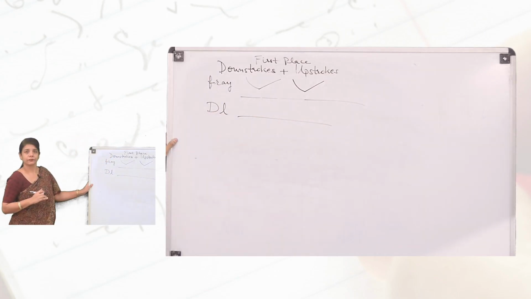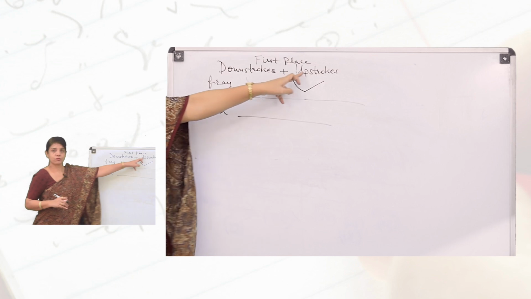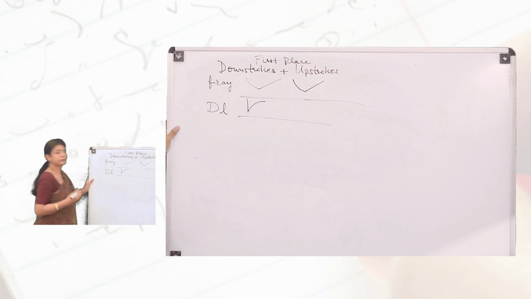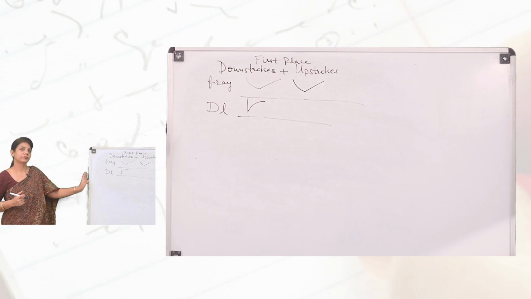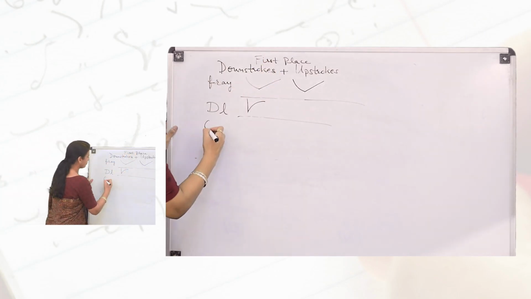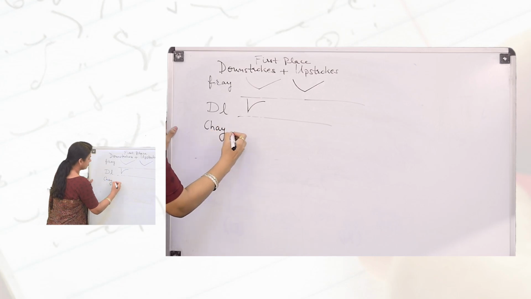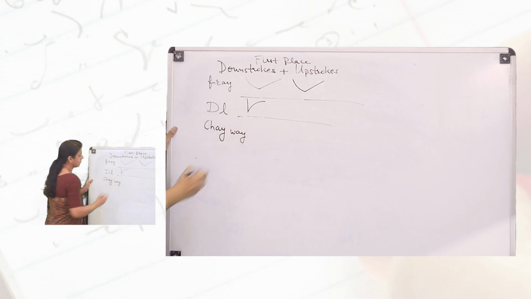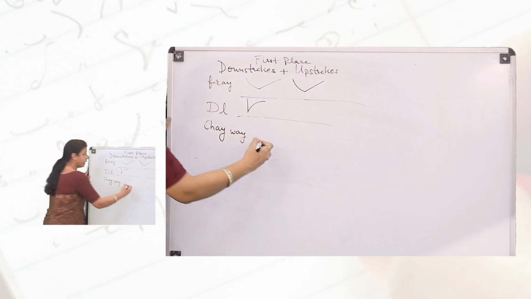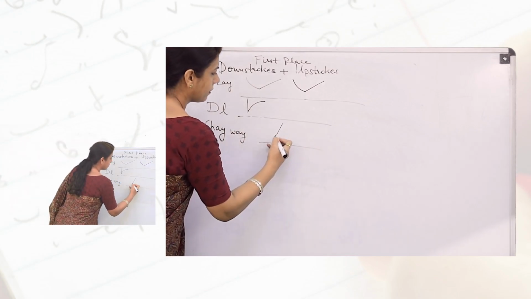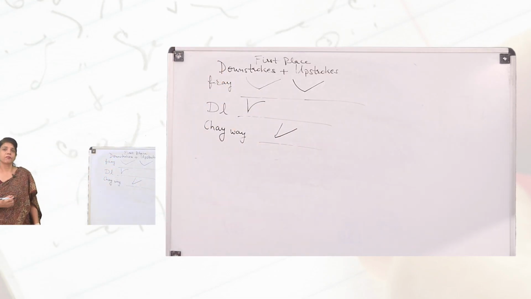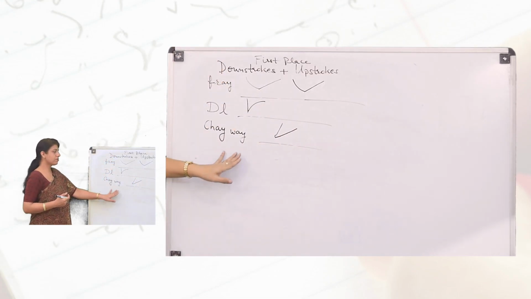DL. Next example of downstroke plus upstroke. D above the line, L follows. This is DL at first place. Next example, che, way. Che above the line, way stroke. So this becomes che way.